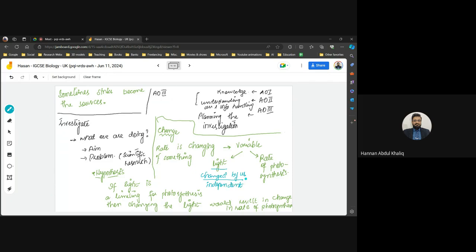Any variable that is being changed by us would be called the independent variable. Like if there is any experiment in which you are changing the temperature, in that case, the independent variable would be the temperature.